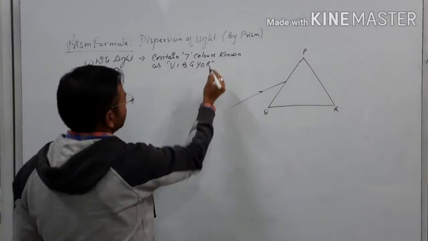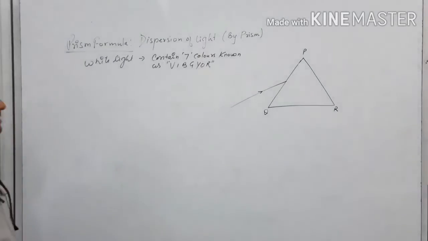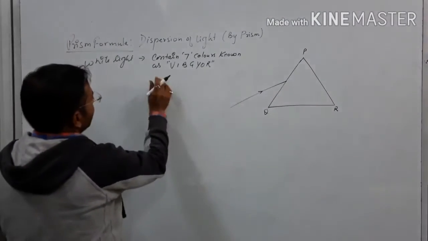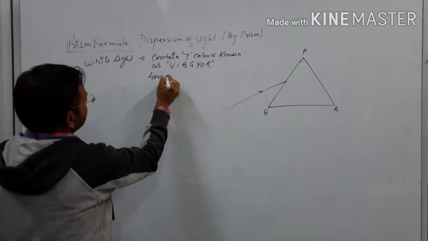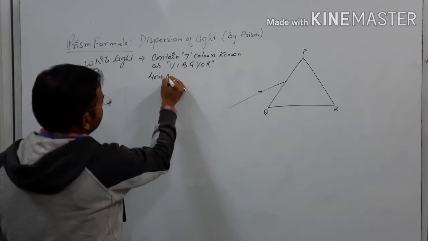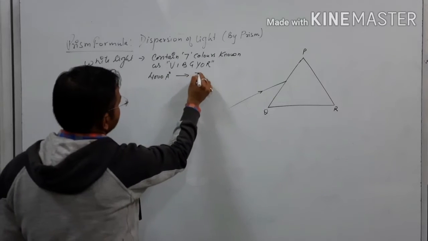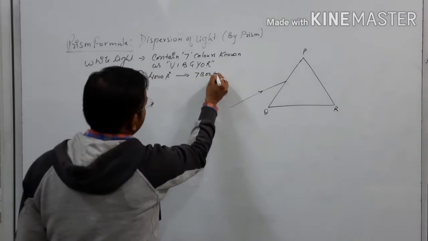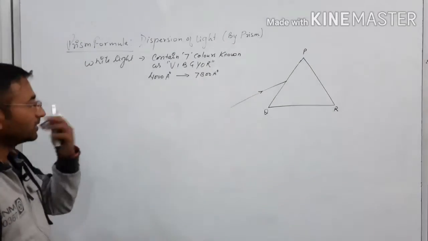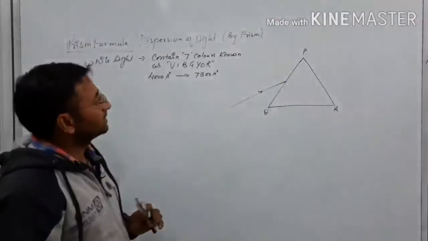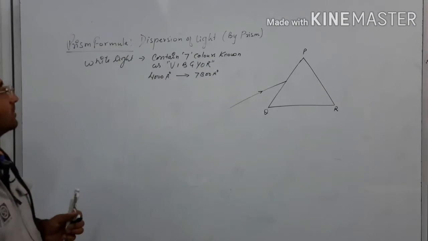These colors are in the visible range, with wavelengths of about 4000 angstrom to 7800 angstrom. This is the approximate range of visible light contained in white light.